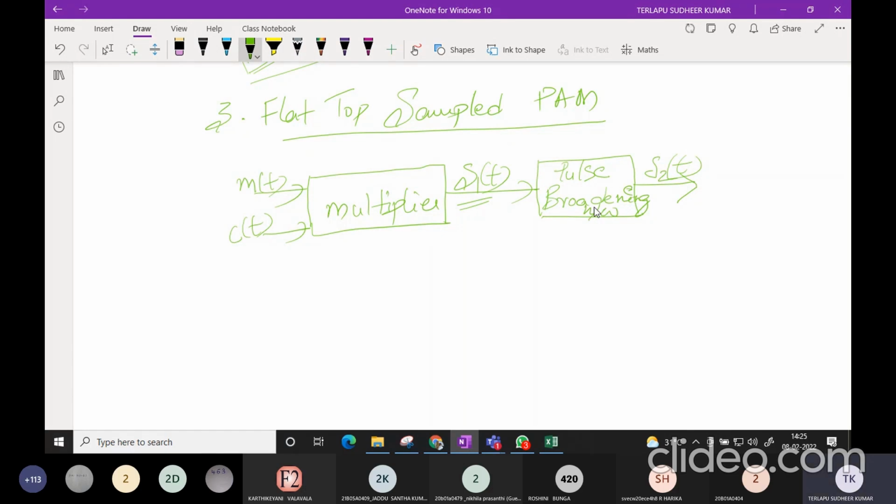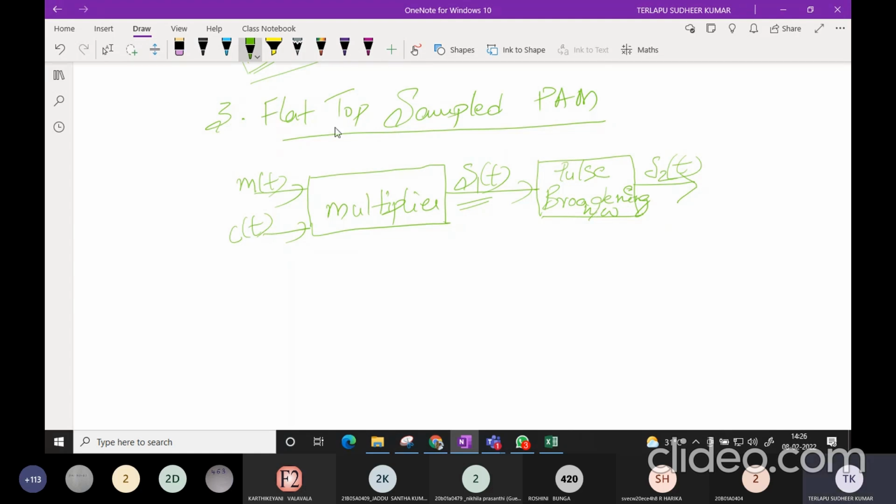So this is the basic block diagram to generate the flat top sampled signal. Here, the first part, you know how to generate S1 of t because we have already dealt with the ideal sampled PAM. The job of the pulse broadening network is to increase the width of the pulse.